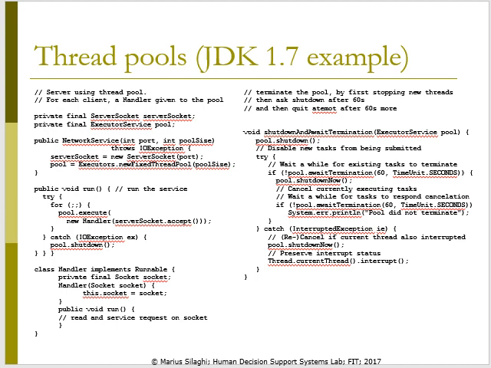Thread pools are an important concept for supporting concurrent servers. In order to implement a concurrent server using a thread pool, namely a class that enables and manages a limited number of threads to avoid new thread creation and termination each time a client connects, one can use this class over here, the executor service.